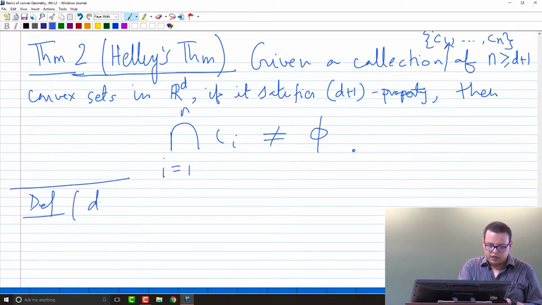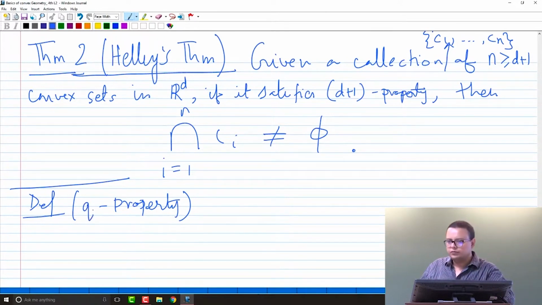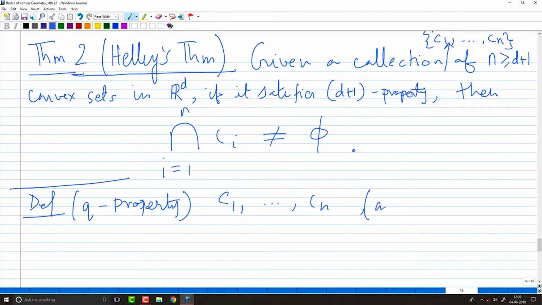So, rather than writing d plus 1, let us say q property of a collection of convex bodies. Because you are using the term p for something else, let us say q property. Let us say I have a collection of convex bodies C1 to Cn. Assume n is greater than or equal to q.